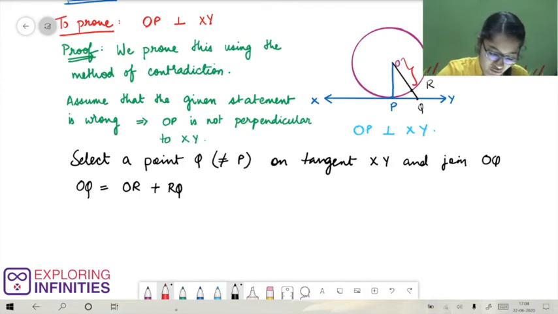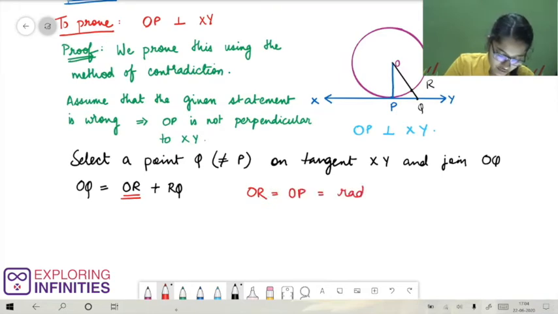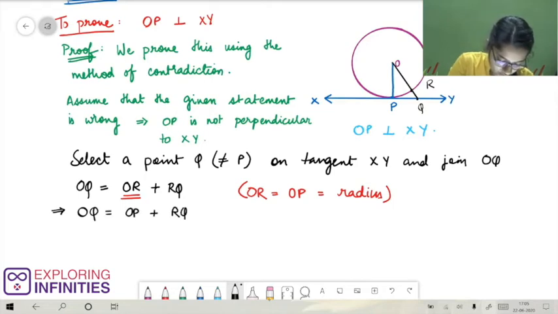This is the distance OR and this is the distance RQ. Here OR is the radius of the circle having center O. That means OR is equal to OP, as both are radii. Hence we can write this as OQ is equal to OP plus RQ.